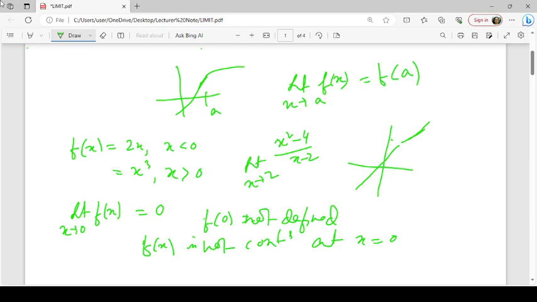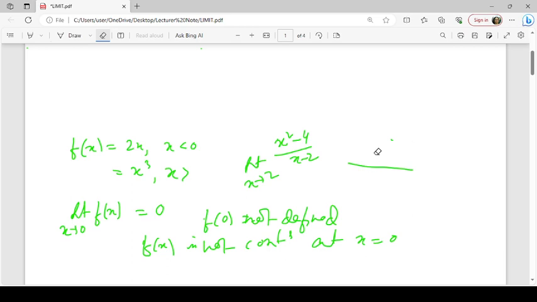Now another concept, for finding the limit of a trigonometric function, sin x by x. We will find the limit of sin x by x.